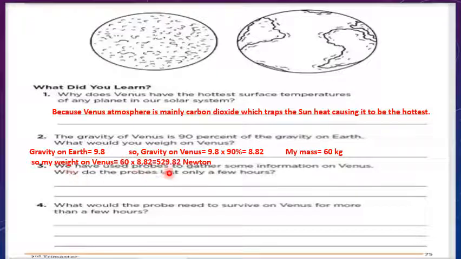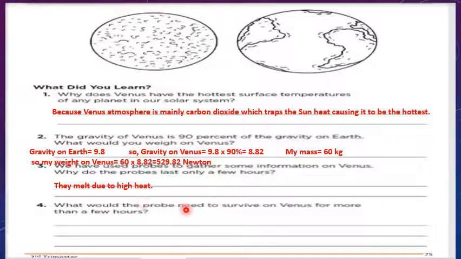We have used probes to gather some information on Venus. Why do the probes last only a few hours? I think it's very obvious that it's a very hot planet, and anything that lands on this planet will be melted. So it could be melting due to high heat, of course.